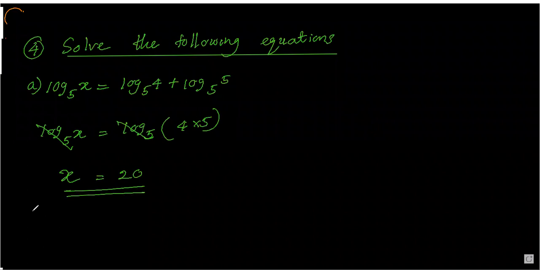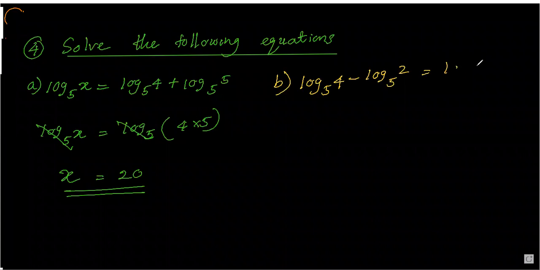Understood this sum? Kavindu, understood? I think so. Log 5 base 4 minus log 5 base 2 equals log x.